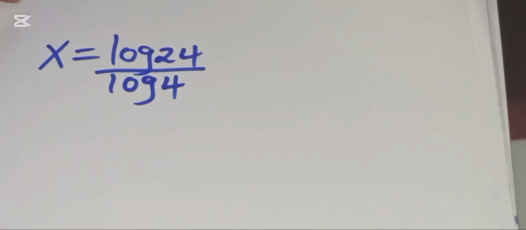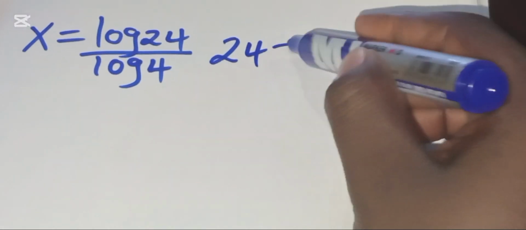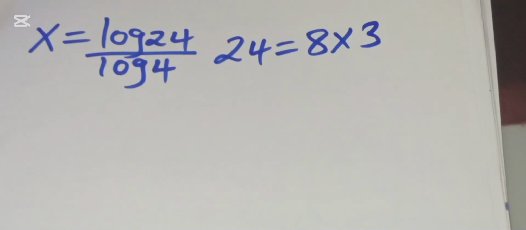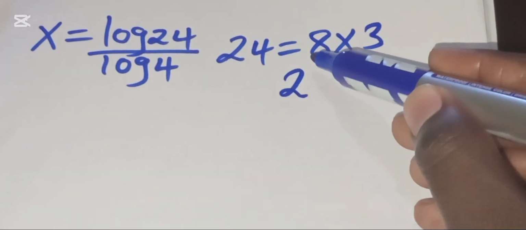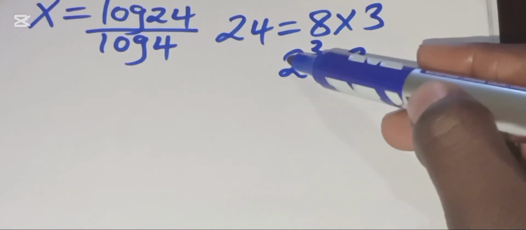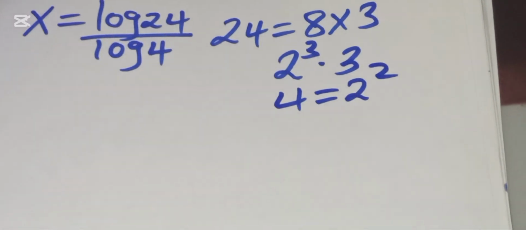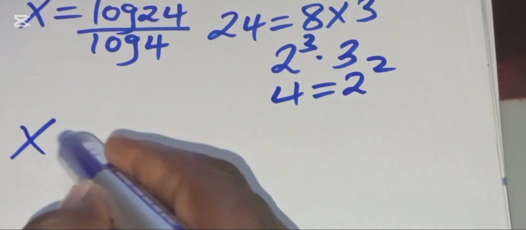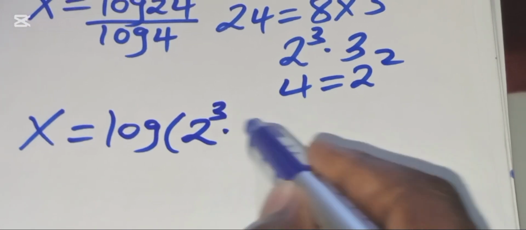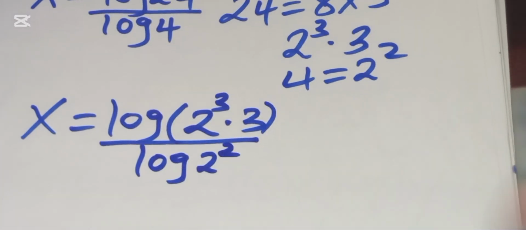We have x is equal to log 24 divided by log 4, whereby we can express 24 as 8 times 3, 8 as 2 to power 3, and 4 as 2 to power 2. So x is equal to log of 2 to power 3 multiplying by 3, divided by log 2 to power 2.